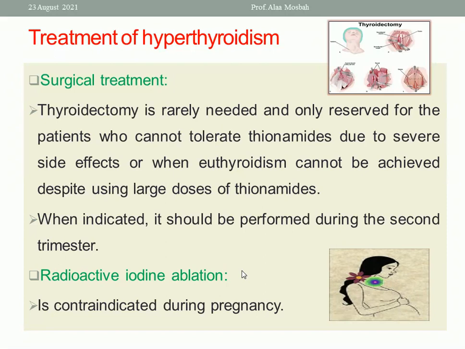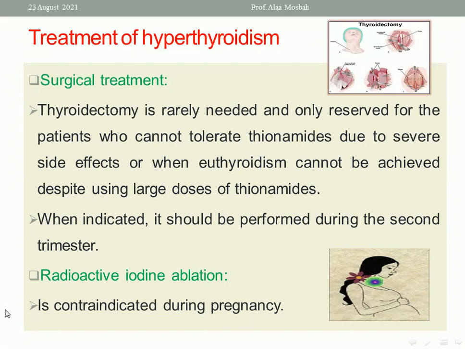You give the large dose, but you cannot control the hyperthyroidism. So the only line of treatment now is surgical treatment, which is thyroidectomy. Which trimester, first or second, is better? Of course, the second trimester is much better than the first. So if you want to do surgery, do it in the second trimester, not in the first trimester.